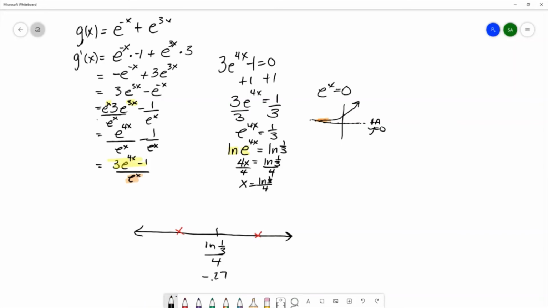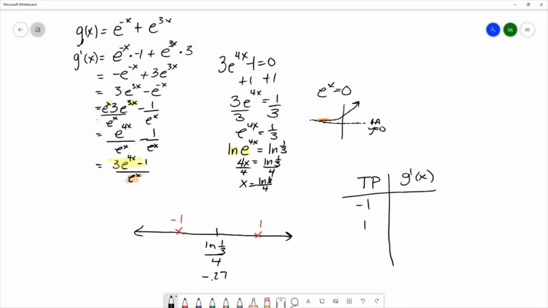So I could pick -1 and +1 as my test points. And you want to substitute those into the derivative to see whether they come out positive or negative. So I'm doing my test points of -1 and +1 and substituting them into g prime of x.